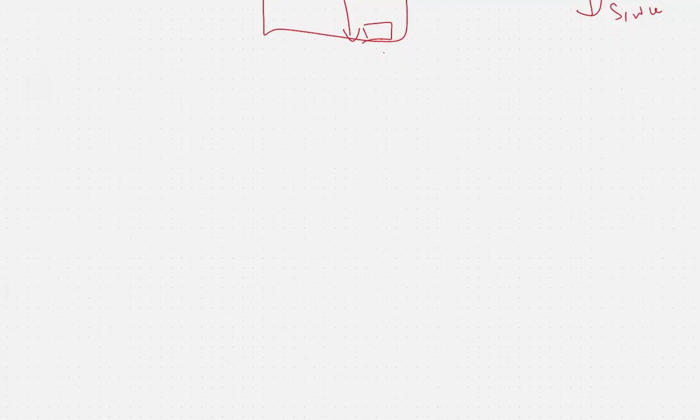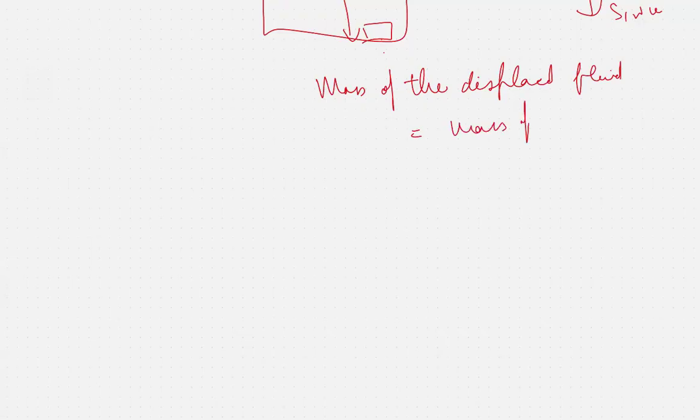So remember, when that displacement happens, the mass of the displaced liquid or fluid is equal to the mass of the object. So what I wrote here, that is the Archimedes principle.